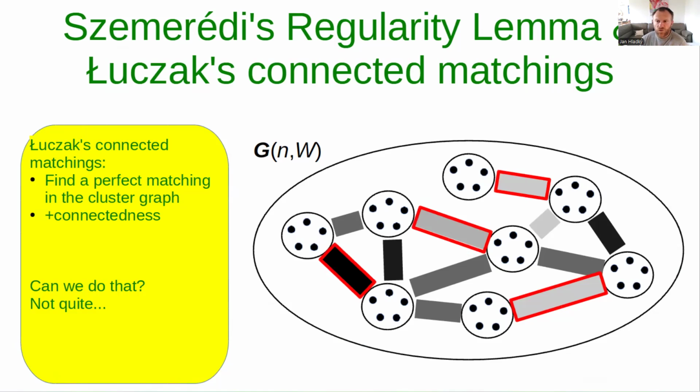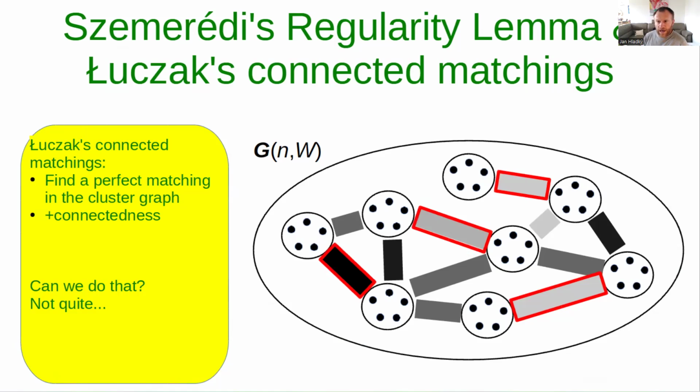You do need to do some additional ad hoc work to connect these paths into a Hamilton cycle. This is usually tedious, but the idea is it should work.